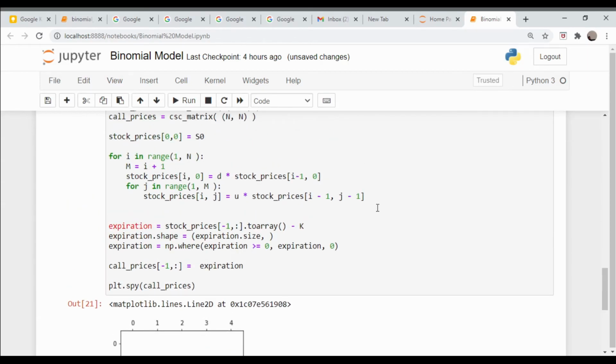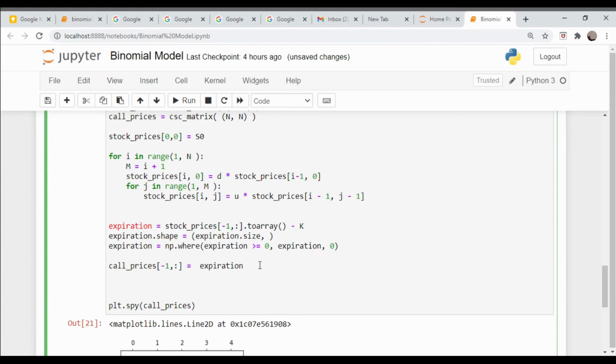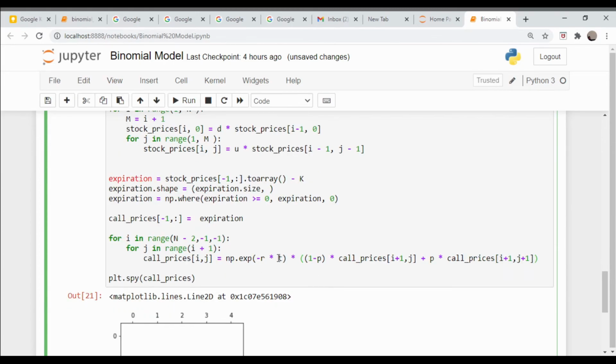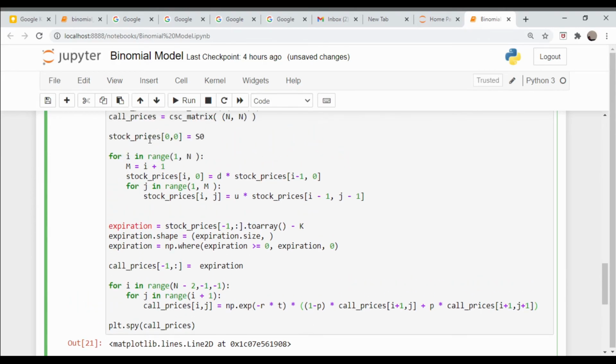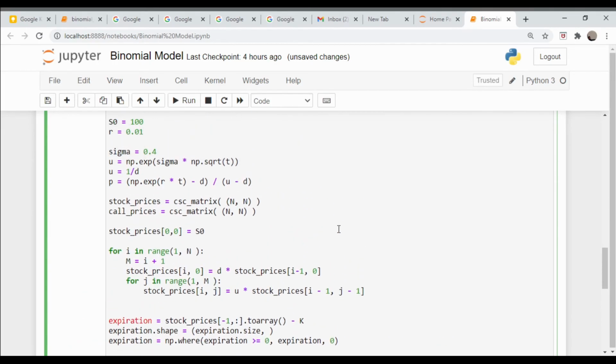So I'm going to do something similar to what I did up here and just write the code and then talk through it, because again, it's a lot of bookkeeping type of stuff. So let's do it down here. Okay, the bookkeeping is similar to the way we did this. We just do it in reverse order. So instead of going from 1 to n, we go from n all the way back to 0.